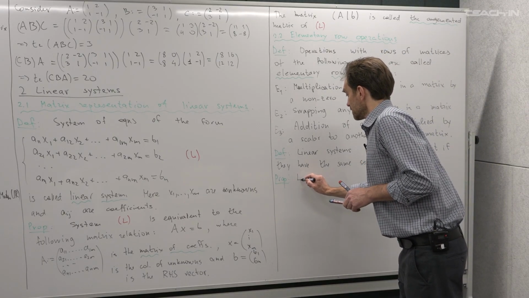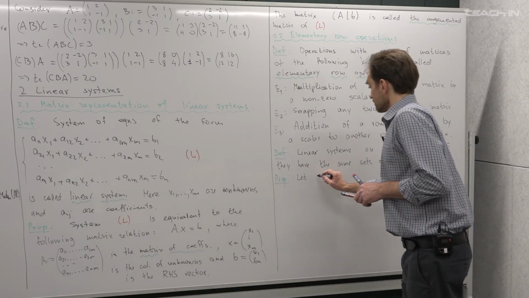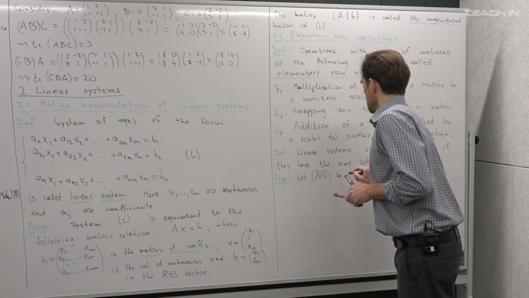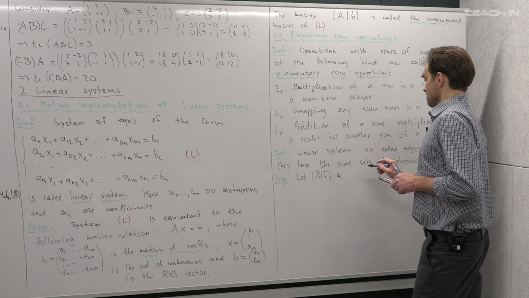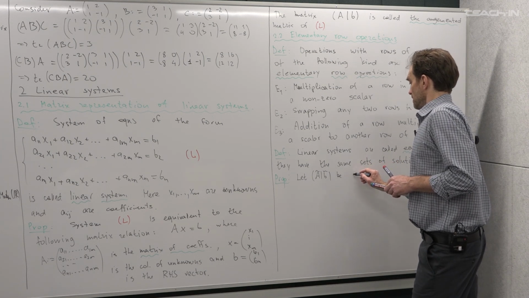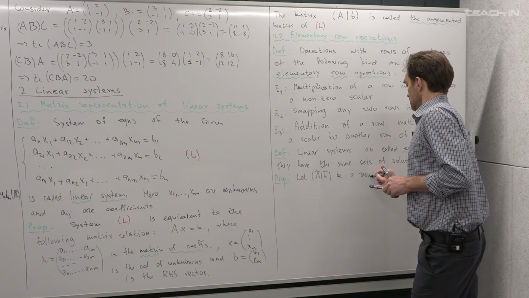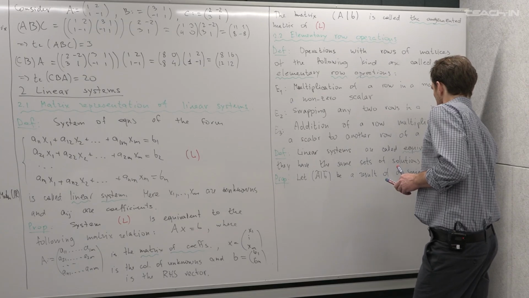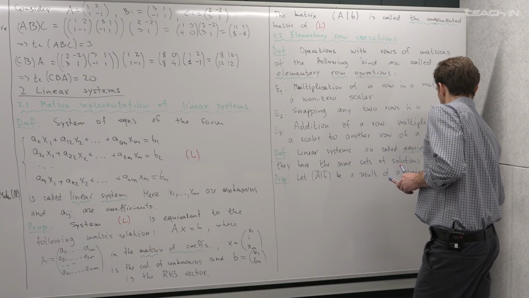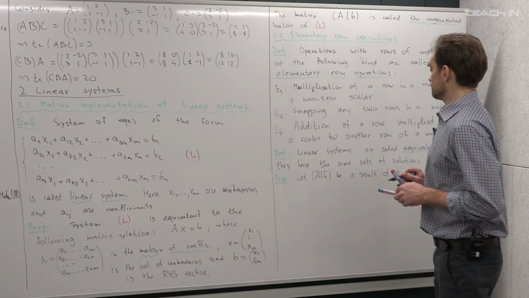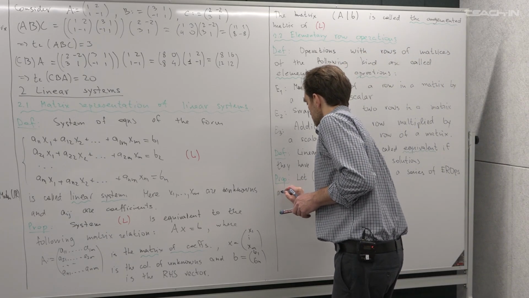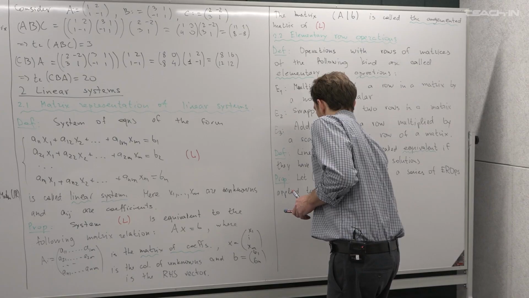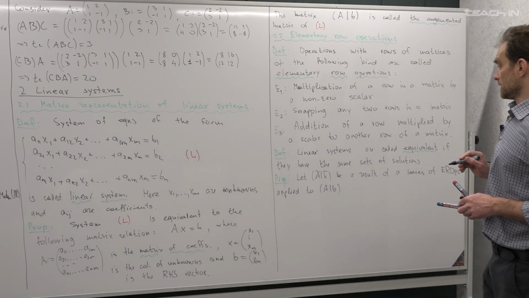So let A tilde, B tilde be a result of a series of elementary row operations applied to augmented matrix of some system.